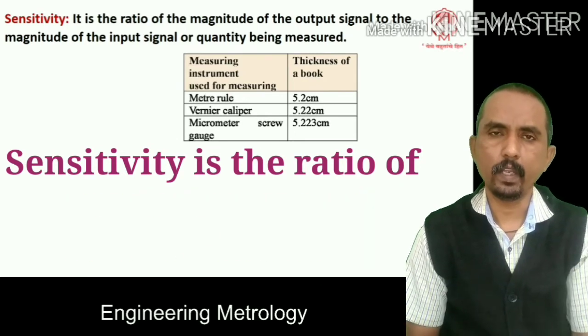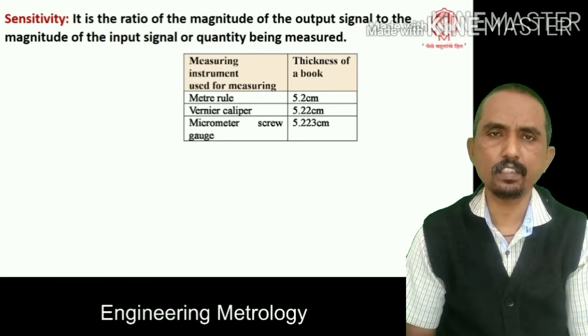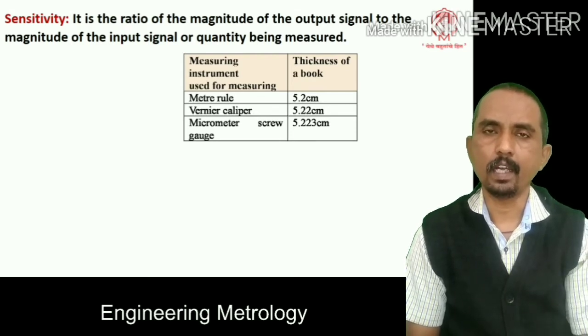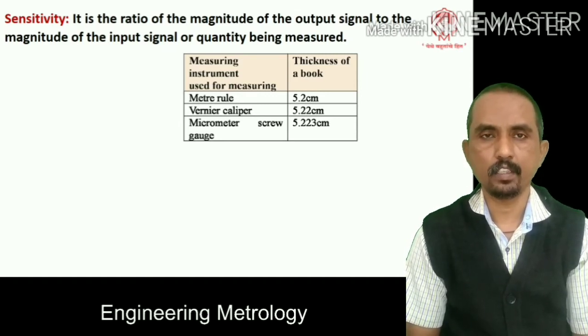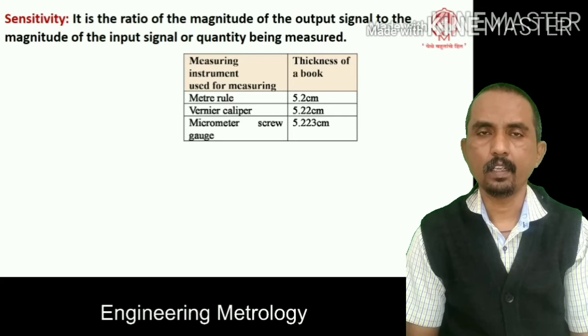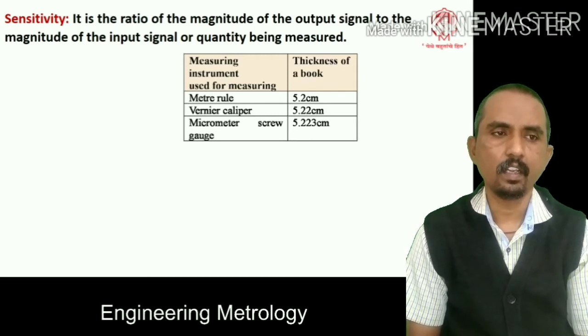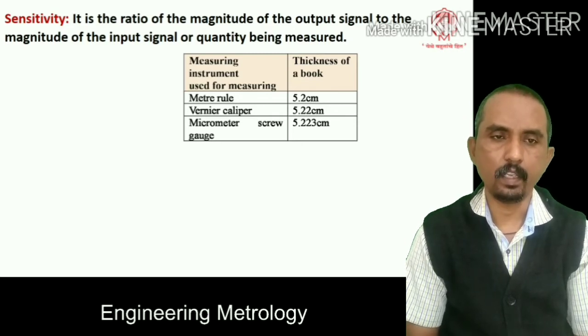That means when there is a very slight change in input, but the instrument shows a very large change in output, then we can say that the instrument is very sensitive. And if there is a considerable change in input, and only then the instrument shows a change in output, then we can say that the sensitivity is less.